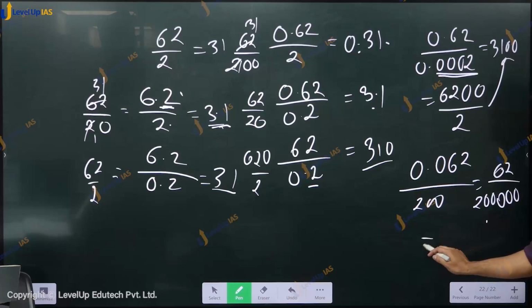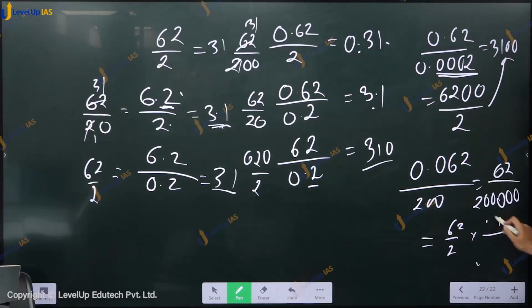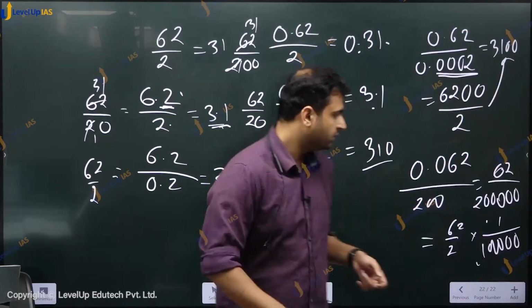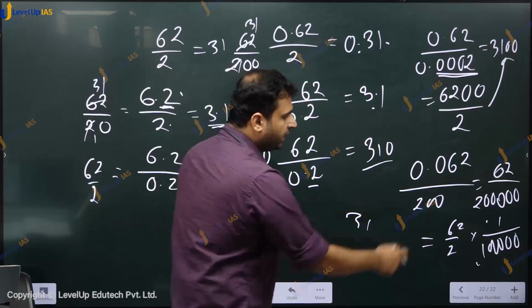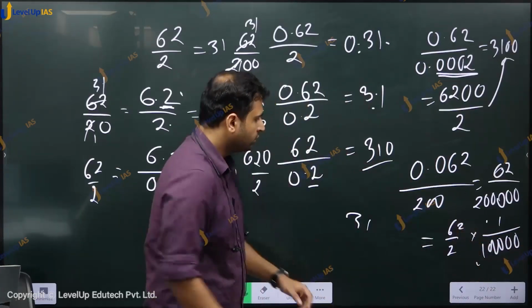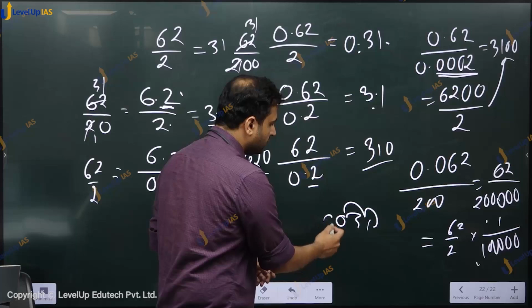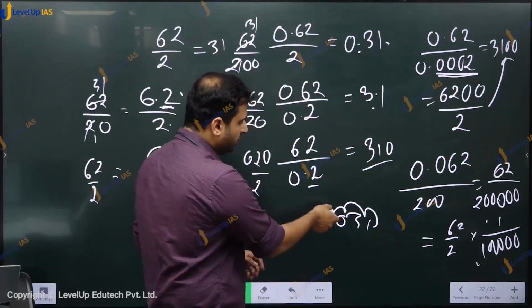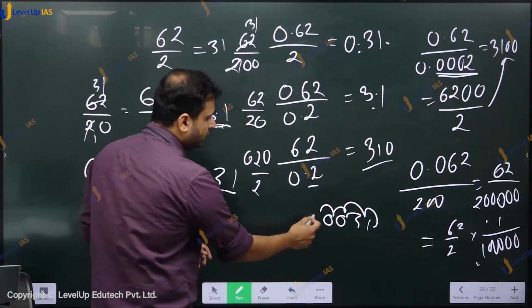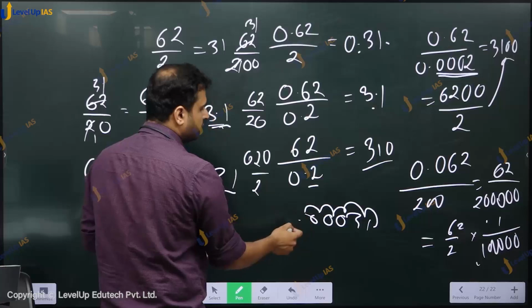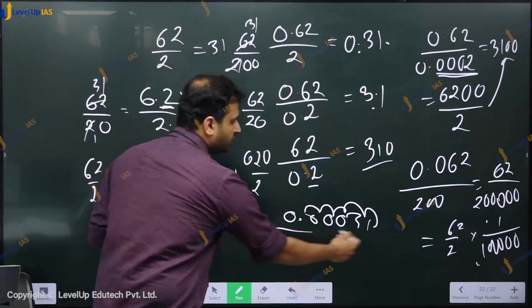This is nothing but 62 by 2 into 1 by 1 followed by 5 zeros. This is nothing but 31 divided by 1 lakh. So 5 times you have to shift. अभी कितना हुआ? 4 हुआ. एक और बार करना पड़ेगा. So here there is a point. This is the answer.